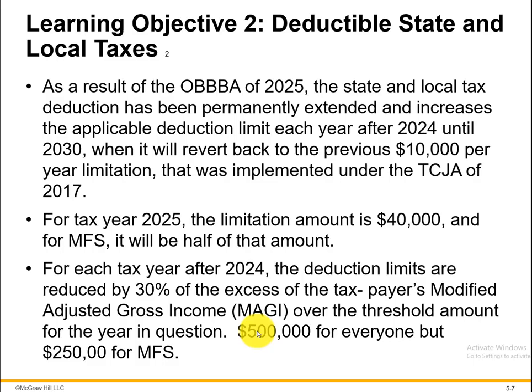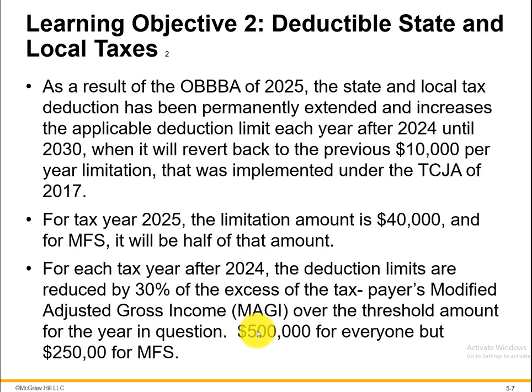That was the rule, no matter what your income was before. Now that's what will happen again if your income is really high, well over 500,000. So you're still going to deduct at least 10,000.